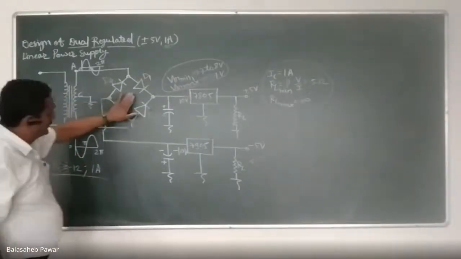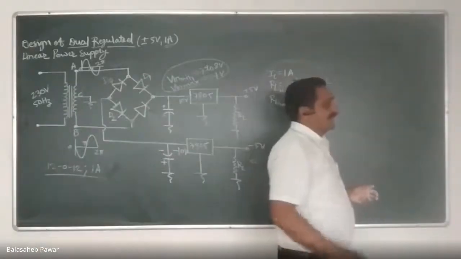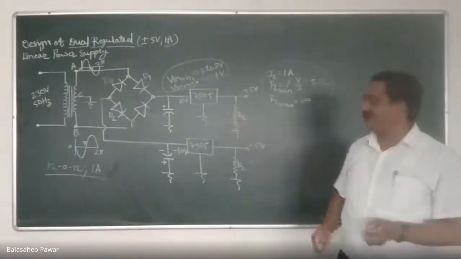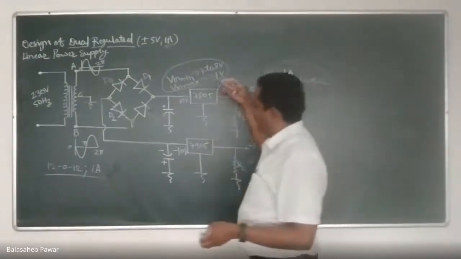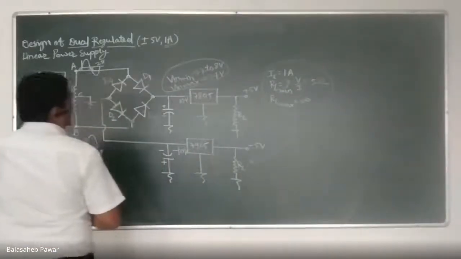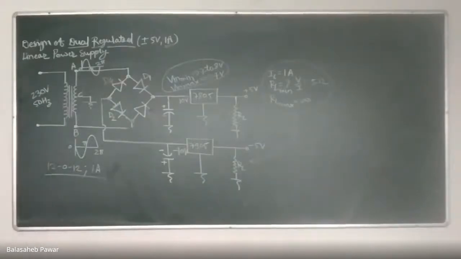I will show you the data sheet for that diode, and how to read the data sheet for that particular device, then for the 78 series, 79 series, and all that. So that regulated power supply we want to design and develop during our practical session. So don't miss it again.